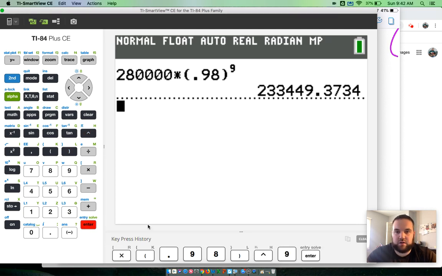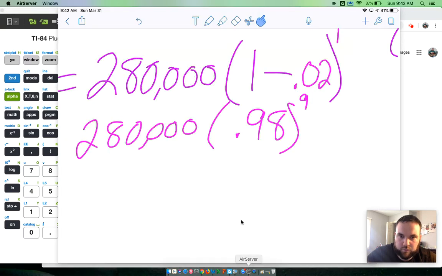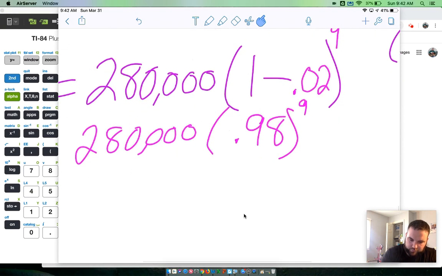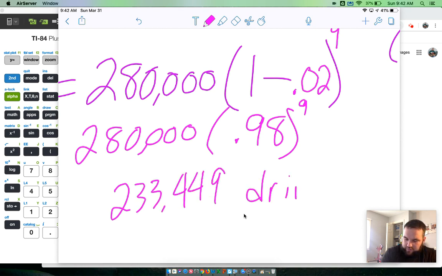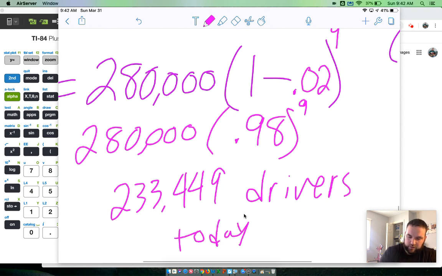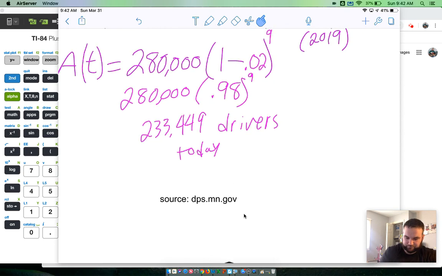That means today there are approximately 233,449 drivers. Again, these are drivers that are under 20.